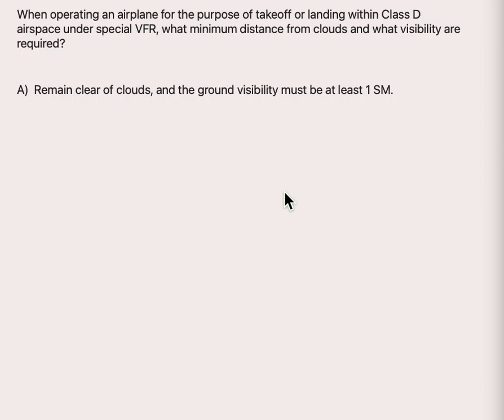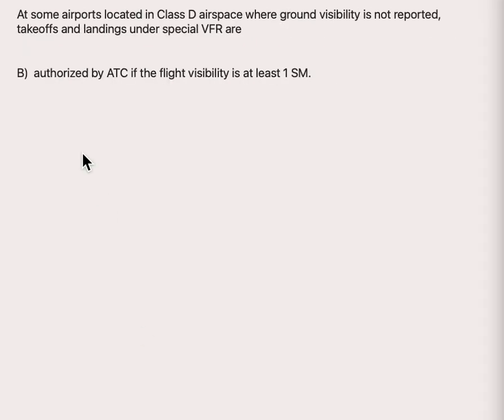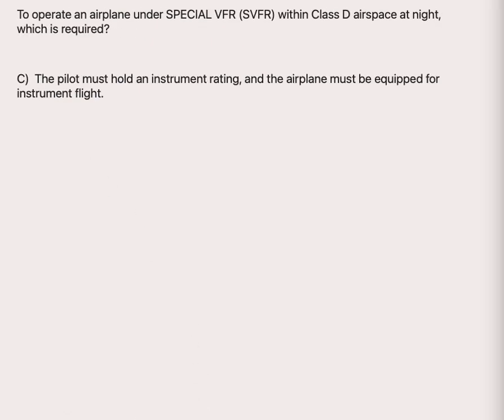At some airports in Class Delta where the ground visibility is not reported, takeoffs and landings under special VFR are authorized by air traffic control if the visibility is at least 1 statute mile.